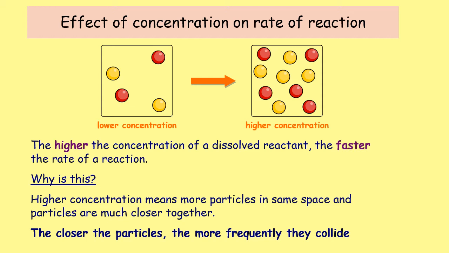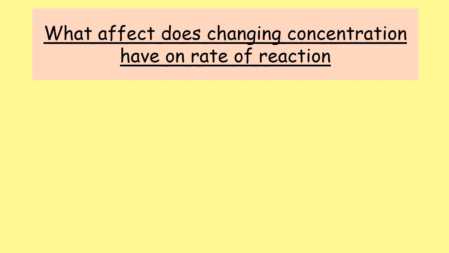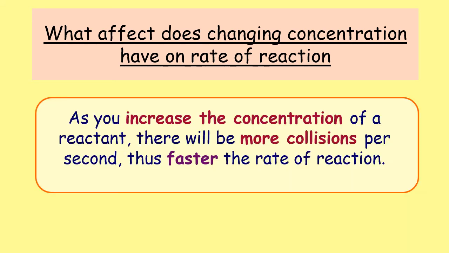If the particles are closer and they are colliding more frequently, we are increasing the collisions, so we will increase the rate of reaction. So if we are summarizing the effect of changing concentration, as you increase the concentration of a reactant, there will be more collisions per second, thus a faster rate of reaction. So concentration is different from particle size.